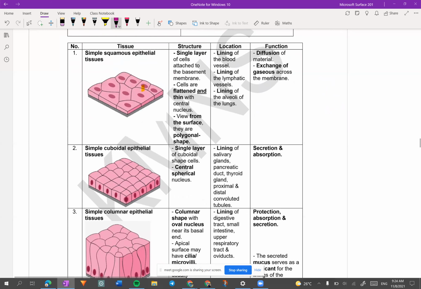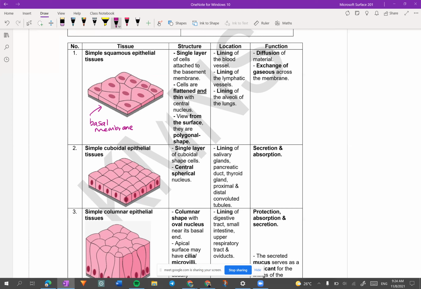So let's check. The first one adalah simple squamous. Kalau simple, adakah dia berlapis? No, okay, good. So macam mana kita nak tahu dia berlapis ke tak? Awak tengok dekat gambar ni. Ni ada warna grey, kan? So grey ni adalah basal membrane. Kira macam dasar dia lah.